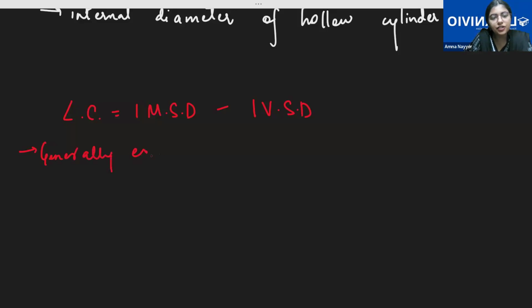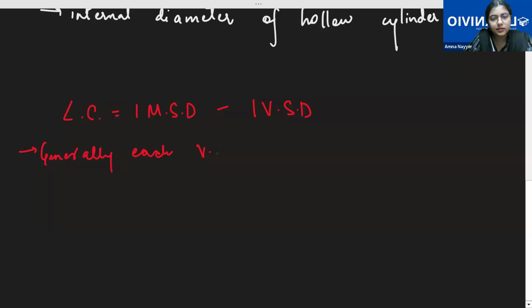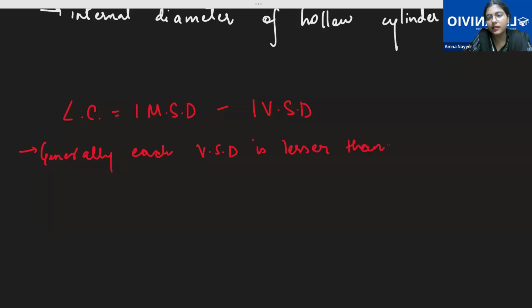Generally, each division, or in fact, I'll say each VSD is lesser than MSD. This statement came in the AIIMS paper. Okay, so this is what is meant by the least count.